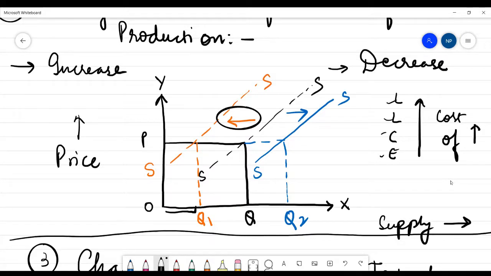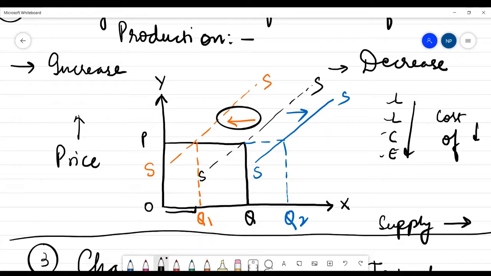Now what happens when there is a decrease in price of factors of production? If the price of factors of production is decreasing, the entrepreneur has to pay less. Therefore, the cost of production will also be low, and if the cost of production is low, the margin of profit becomes higher.